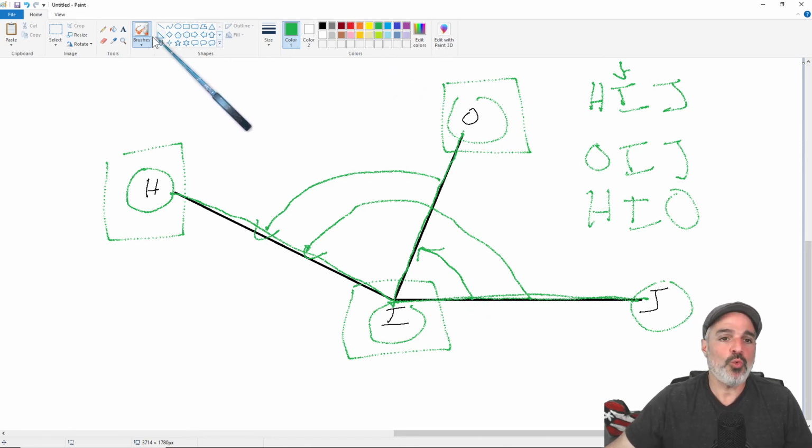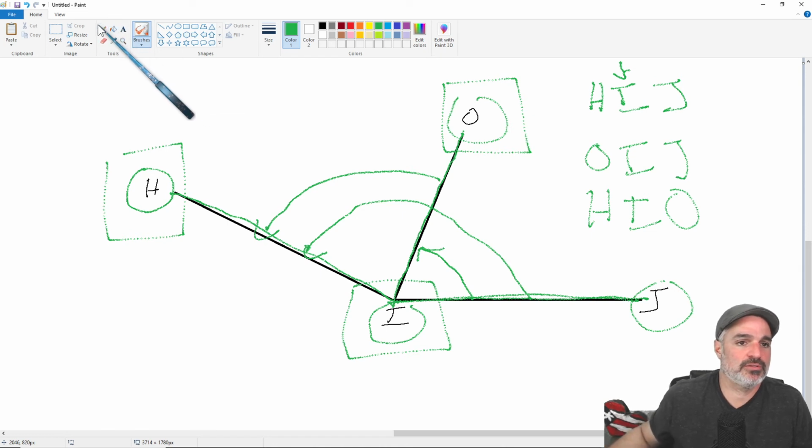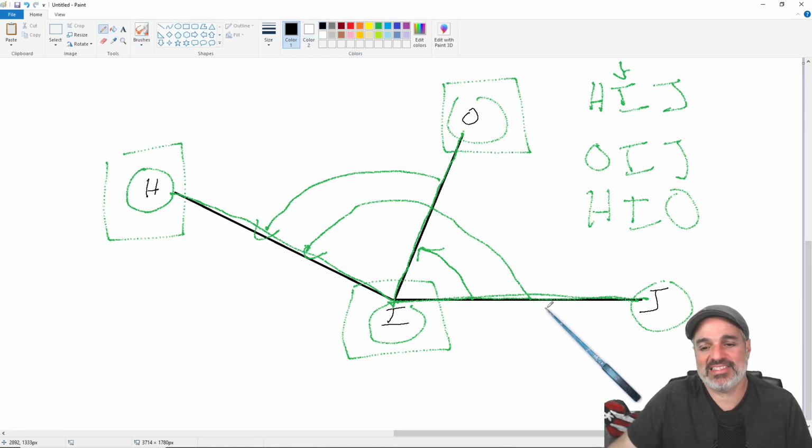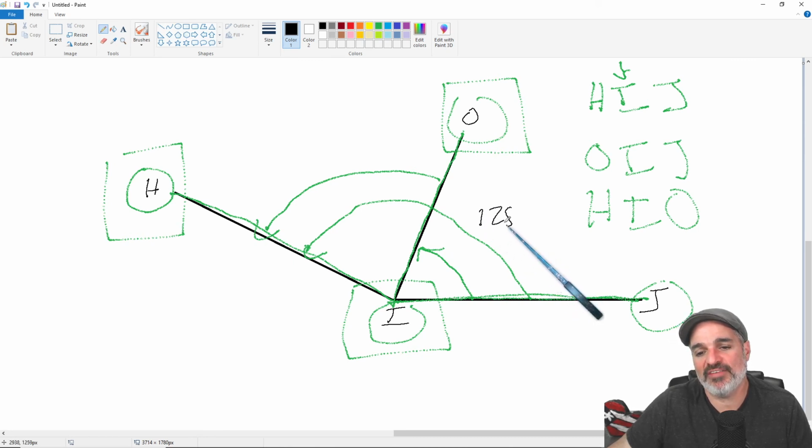So what information am I going to give you now? I'm going to go ahead and say that the big angle here, the one that looks like an obtuse angle, measures 125 degrees.